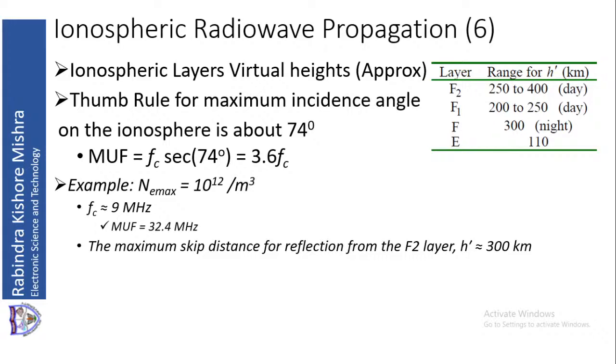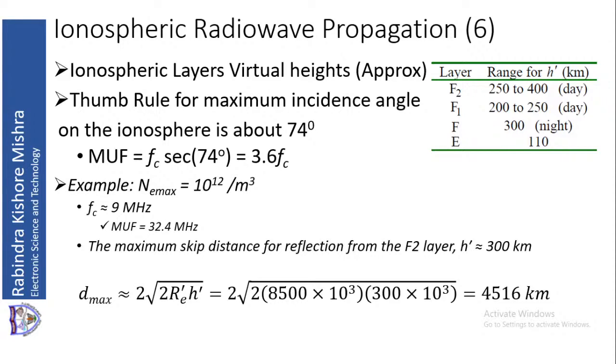Dmax, as we have seen in the previous slide, is approximately 2 times root over of 2 RE dash H dash. So it is 2 times root over of 2 RE dash, where the effective radius of the earth is 8500 kilometers, or 8500 into 10 to the power 3 meters, into H dash, which is 300 kilometers, so 300 into 10 to the power 3.